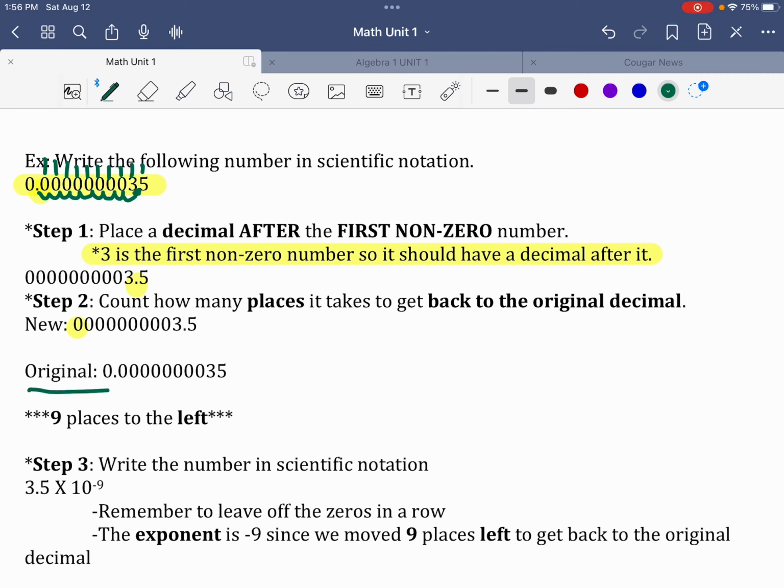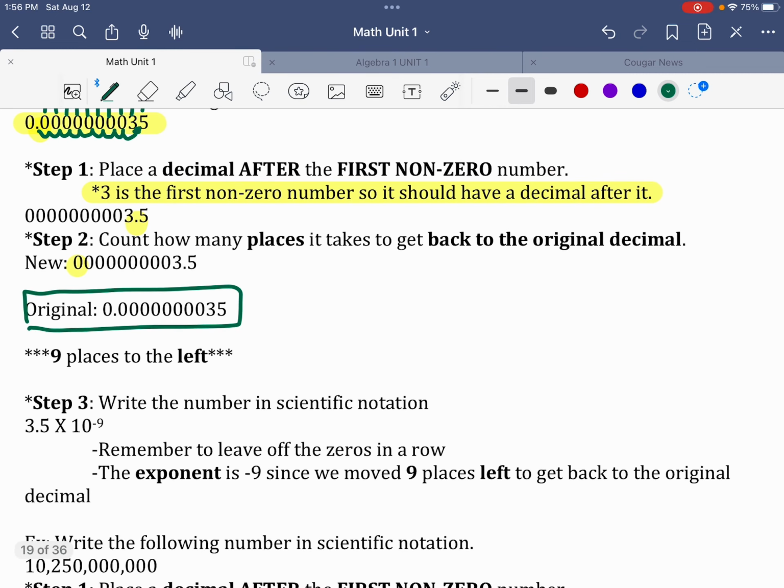My original number, very, very small decimal. I move the decimal 9 places to the right, and I get this number, 3.5. That means I can drop all those zeros times 10 to the negative 9th power. See the difference? When you have a really, really small number, the exponent's going to be negative.